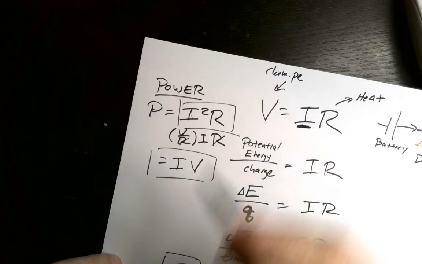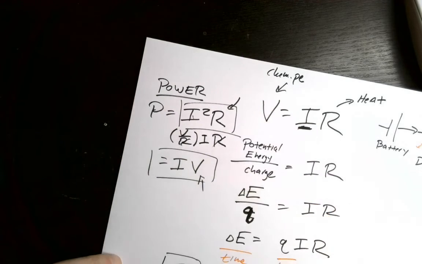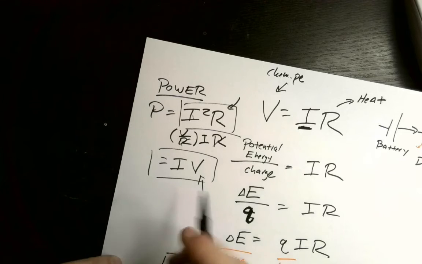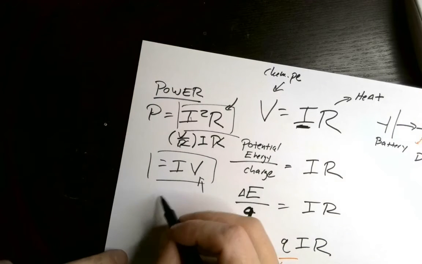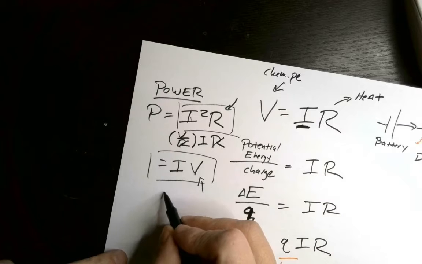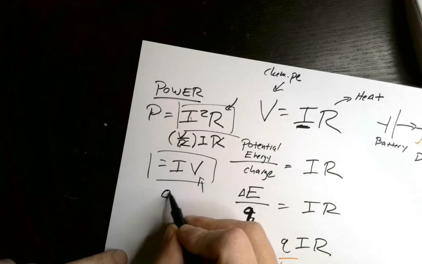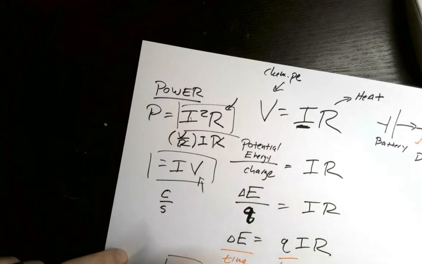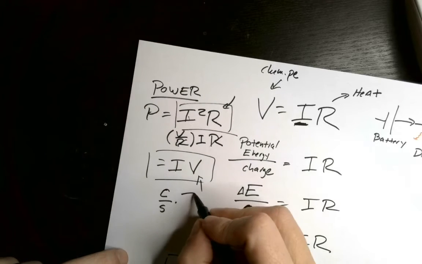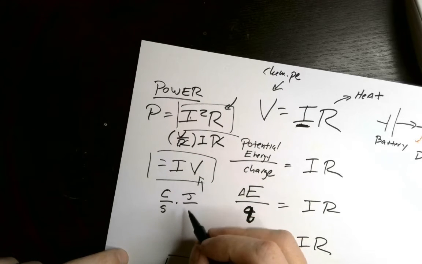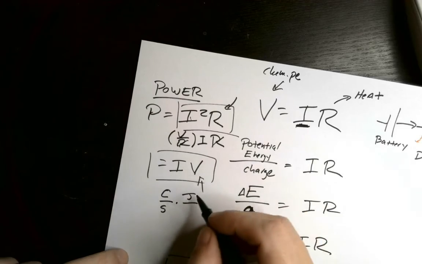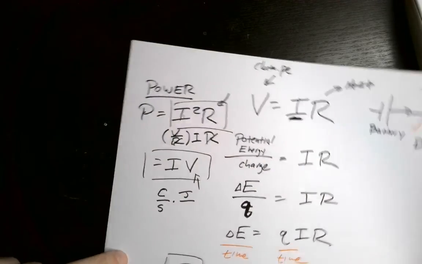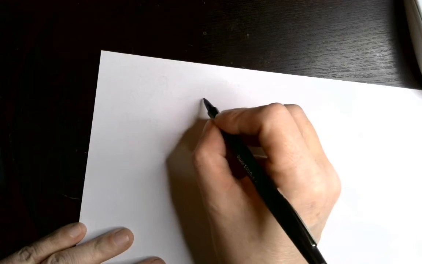We could check to make sure that both of these things give us units of a joule per second. I think if we do that, we'll find that, for example, for IV, it's pretty straightforward that current is measured in amps, which is a coulomb per second. Volts is energy per unit charge, so, well, I'm running out of space here. Let's write this again.